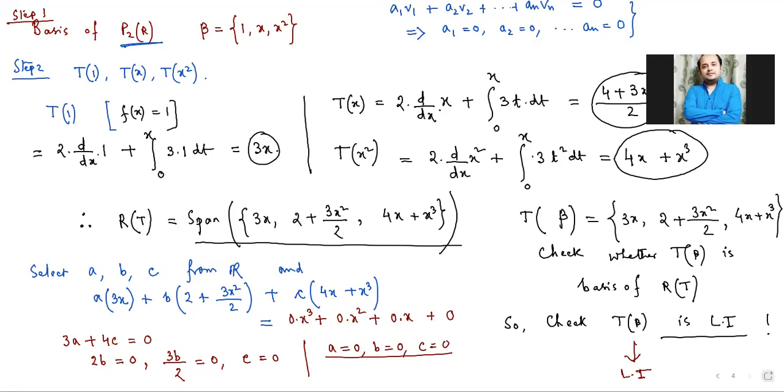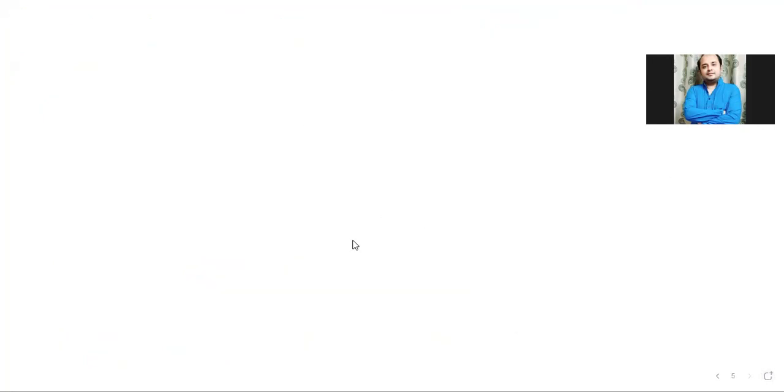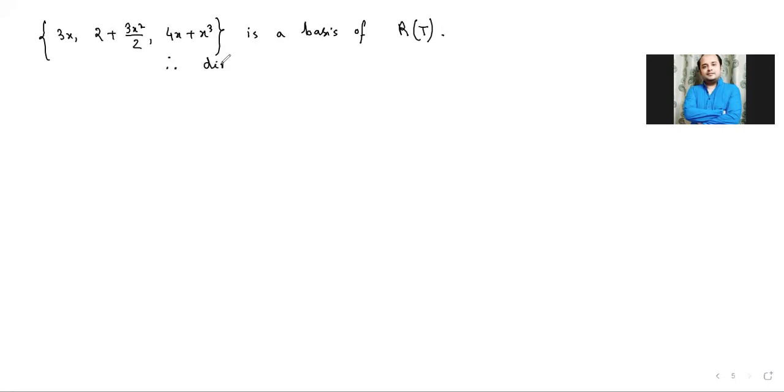So this set T beta, 3x, 2 plus 3x square by 2, 4x plus x cube, is a basis of RT, and therefore the dimension of RT is 3. That means the rank of T is 3.